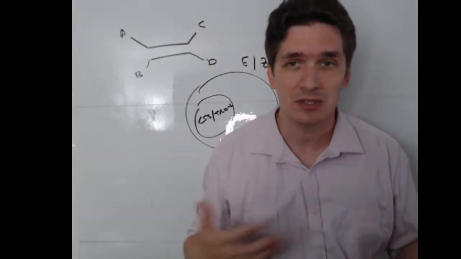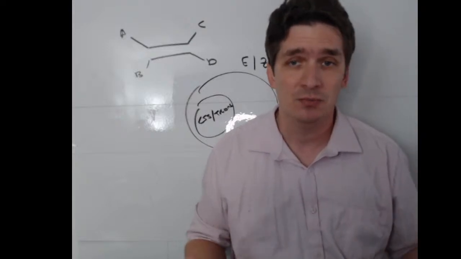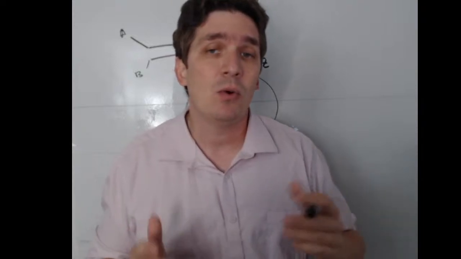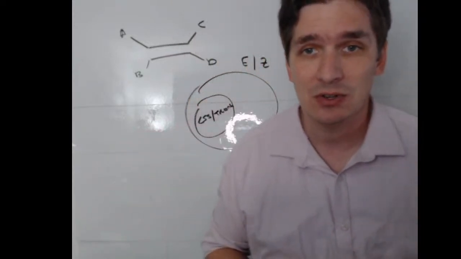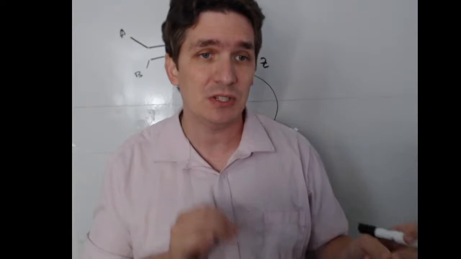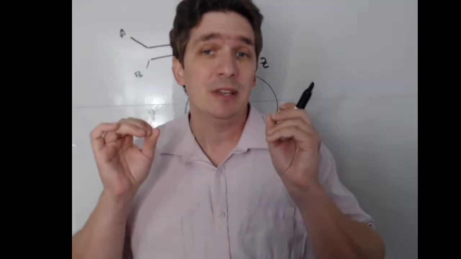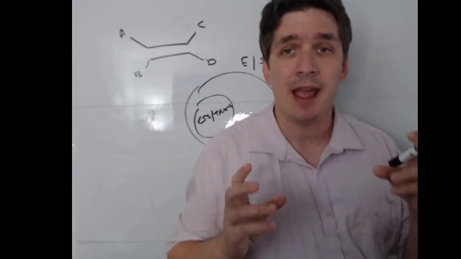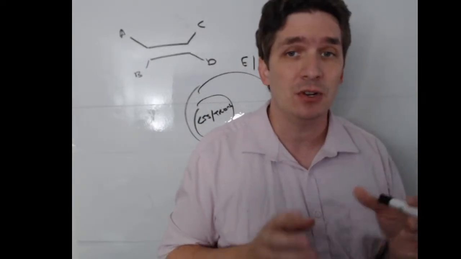For a terminal alkene, you don't have to use cis-trans or E/Z because there's no meaning to it. But if you have a non-terminal alkene, you have to use E/Z, or there are special cases where you can use cis-trans. We prefer cis-trans if we can get away with it because it's easier and faster. E/Z is more rigorous, and that's why we try not to use it if we don't have to.